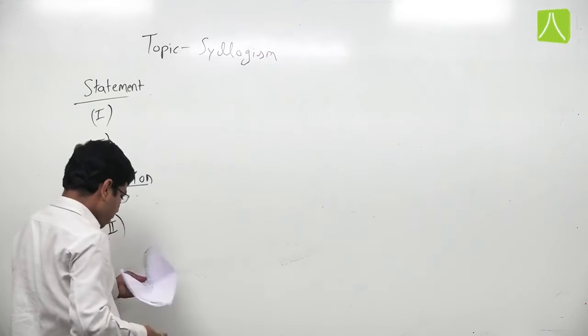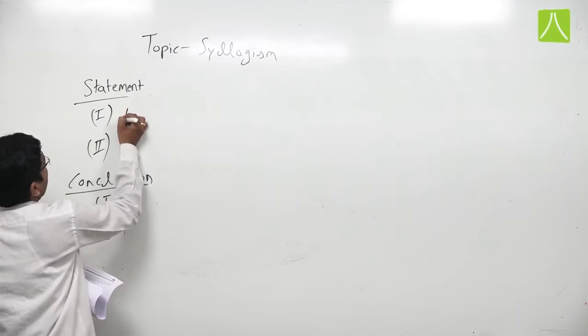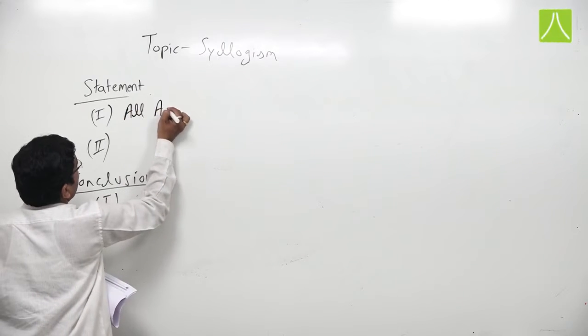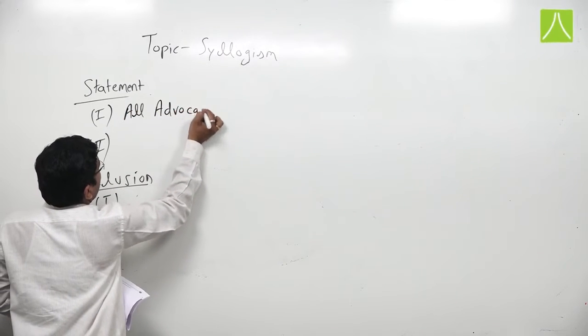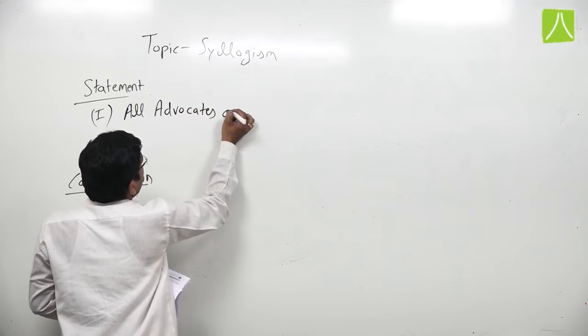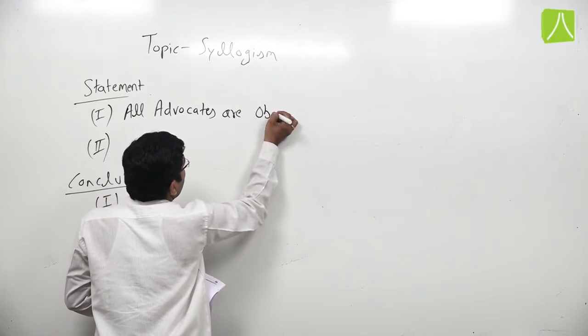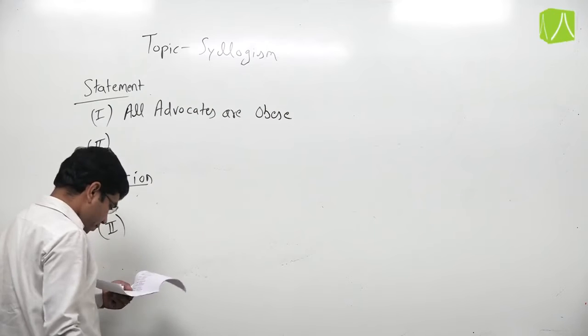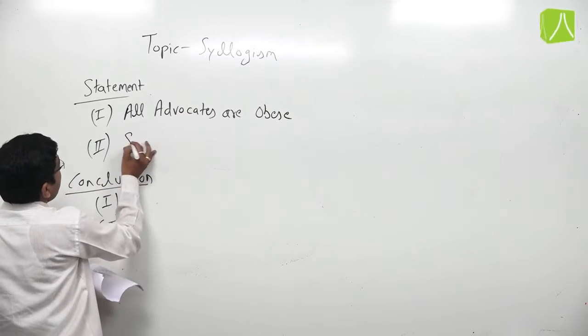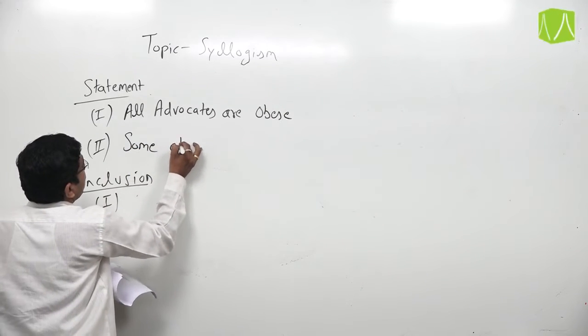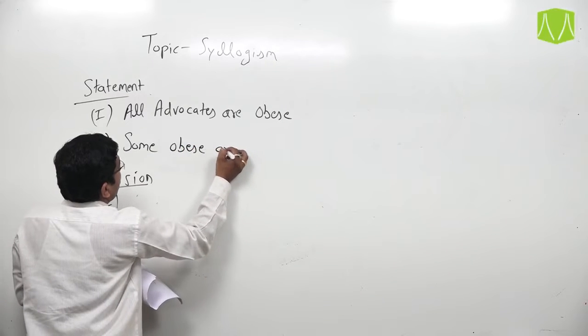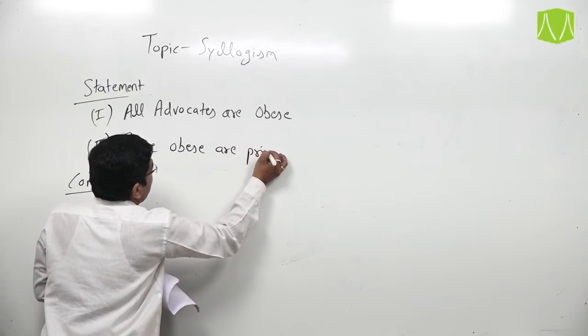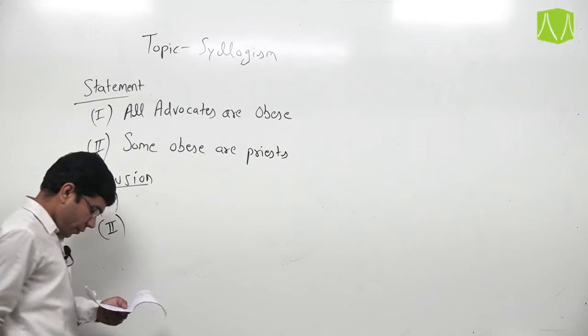Take next example. All advocates are obese, some obese are priests.